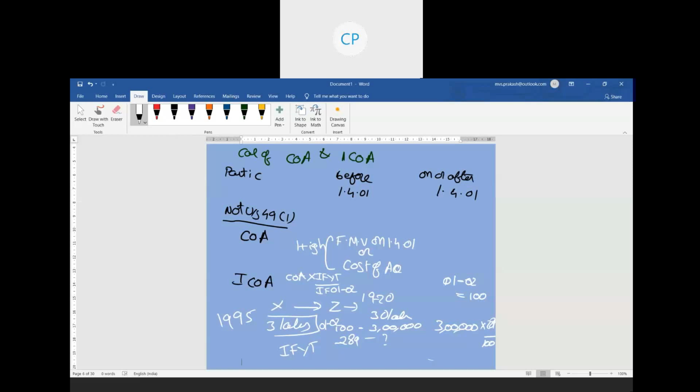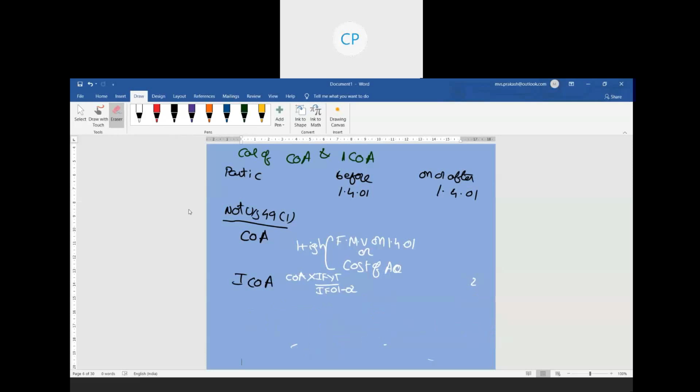So I'm just erasing this example. Okay, now if the same asset is acquired on or after 1st April 2001, what is the cost of acquisition?